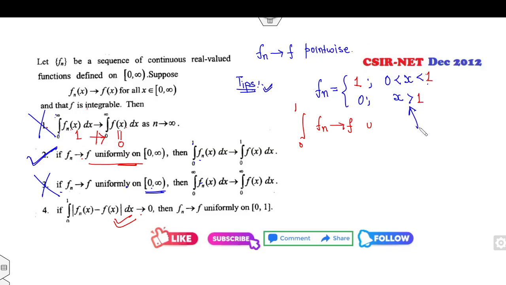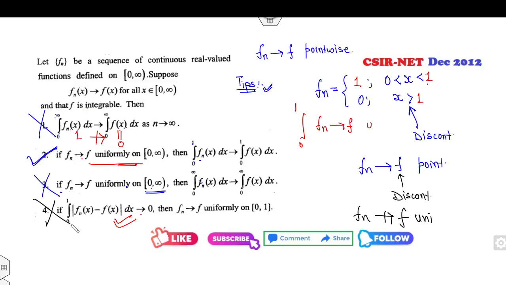Clearly this function is a discontinuous function and Fn converges to f pointwise. It is given that f is a discontinuous function. So what does it mean? Fn does not converge to f uniformly. So this option is also cancelled. The right option is only B. The converse may or may not be true.